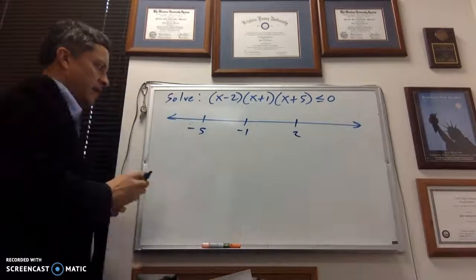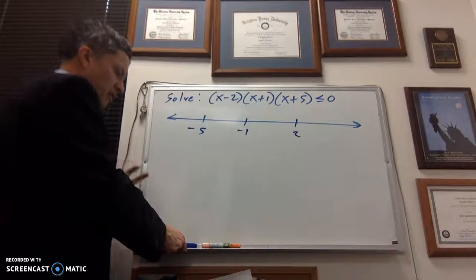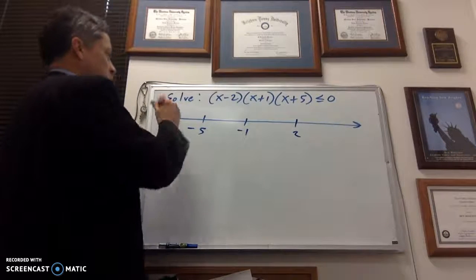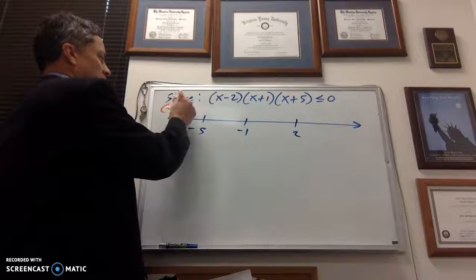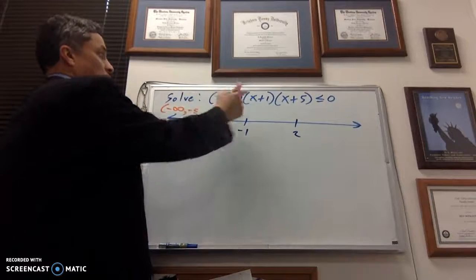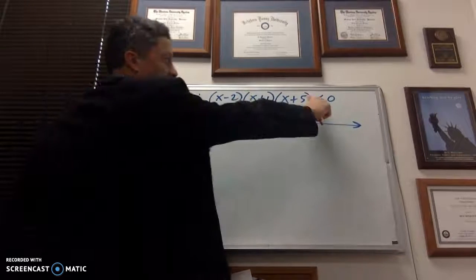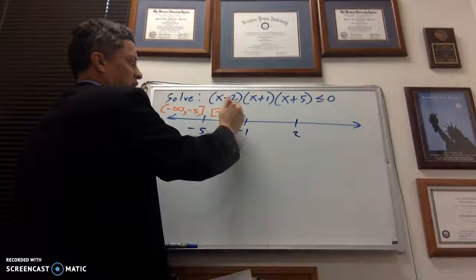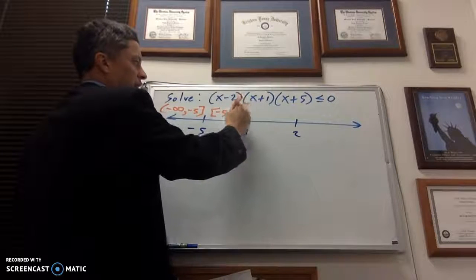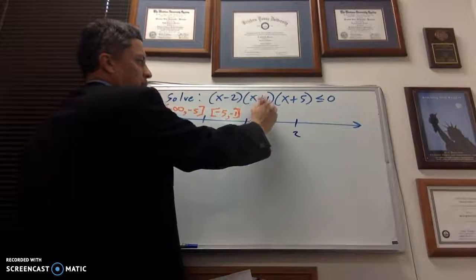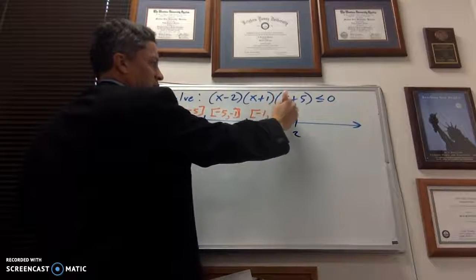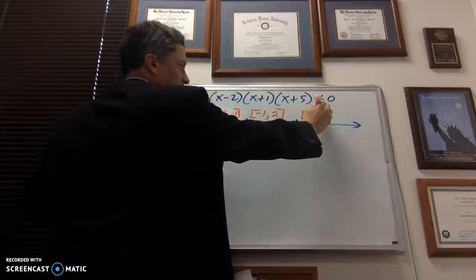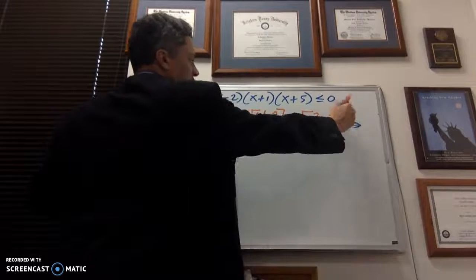So my intervals are going to be from negative infinity to negative 5, with a bracket on the negative 5 because it's less than or equal to. Then from negative 5 to negative 1, bracket there. Then a bracket from negative 1 to 2, and then a bracket from 2 to infinity.